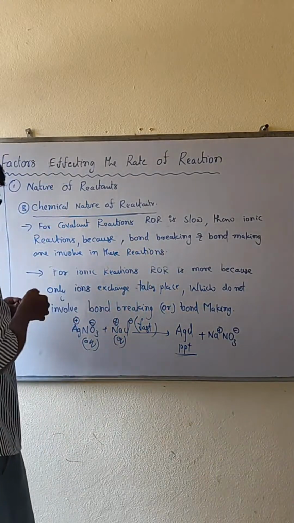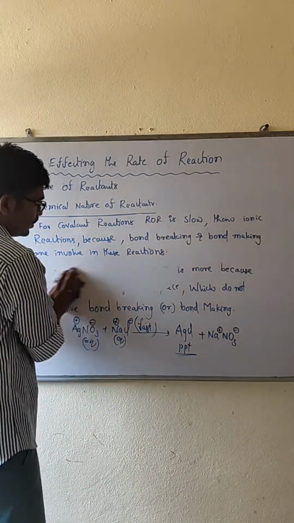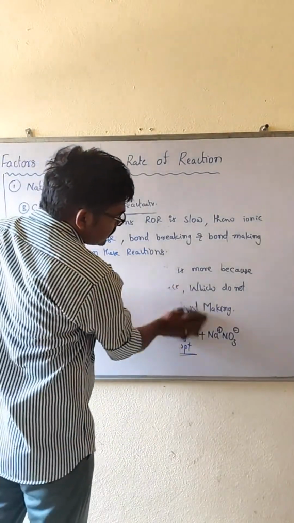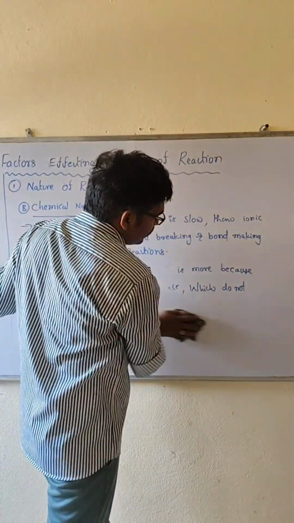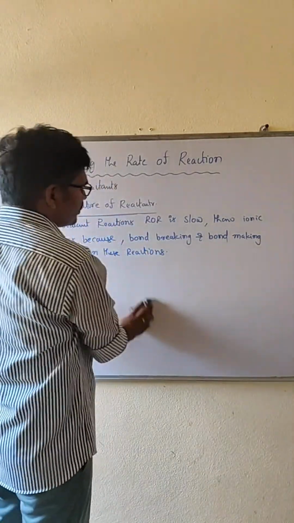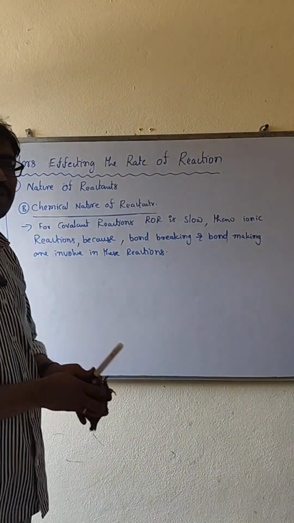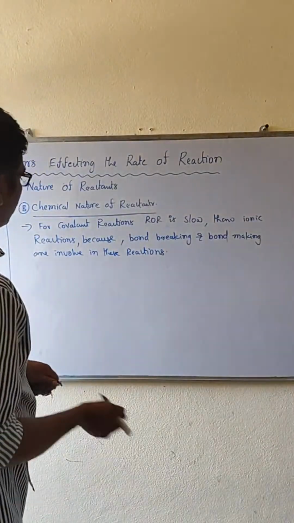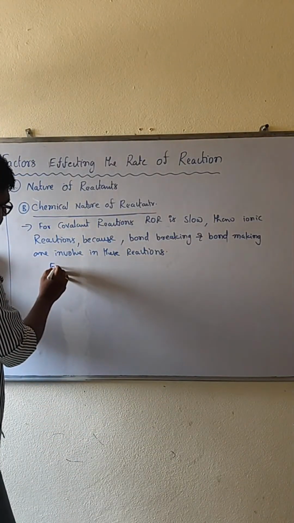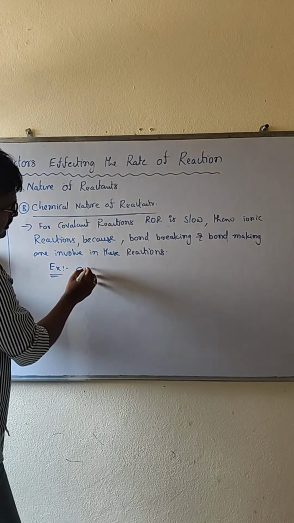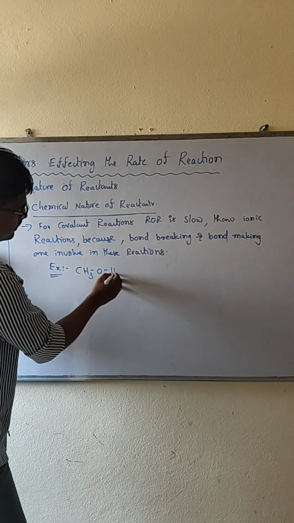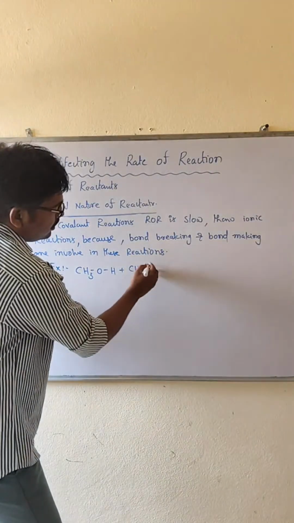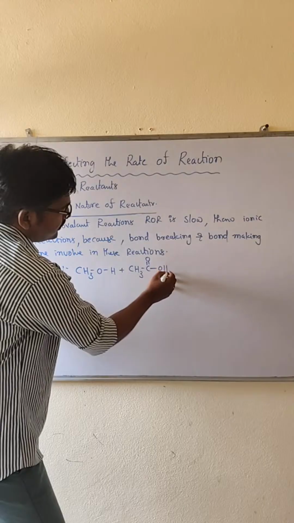Look, my dear students, in case they ask a question, which of the following has a higher rate of reaction, or which is a fast reaction, or which is a slow reaction, based on the chemical nature we can say which are ionic compounds and which are covalent compounds. For example, take a covalent reaction: CH3-OH plus CH3-C=O with OH.